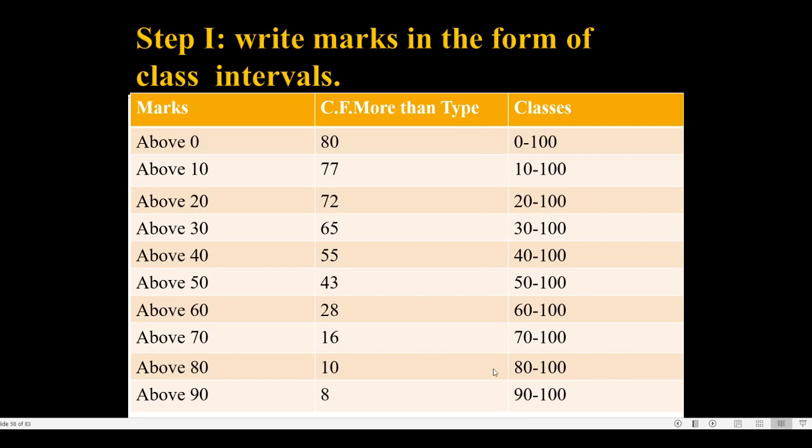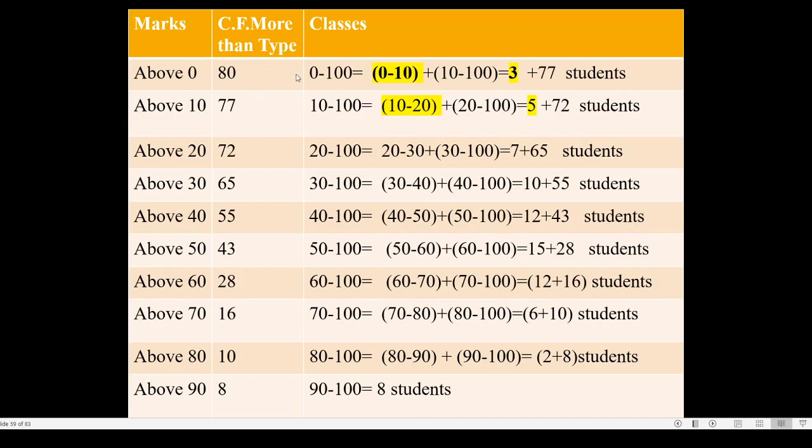Then we convert these classes into continuous form, meaning 0 to 10, 10 to 20, 20 to 30, like this. For this, 0 to 100 we can write as 0 to 10 plus 10 to 100. First we start from the last class. Above 90 means 90 to 100, and the corresponding value is 8. Therefore we write the frequency as 8.